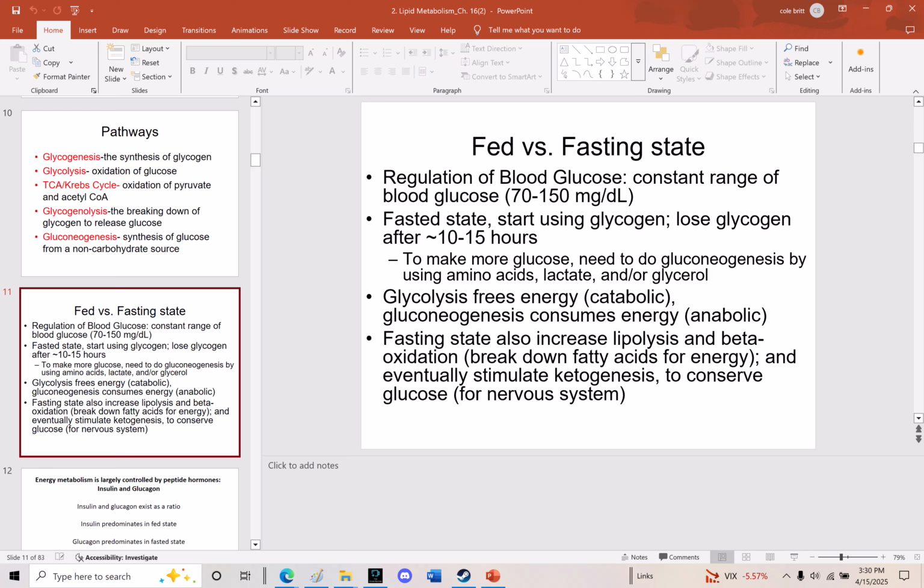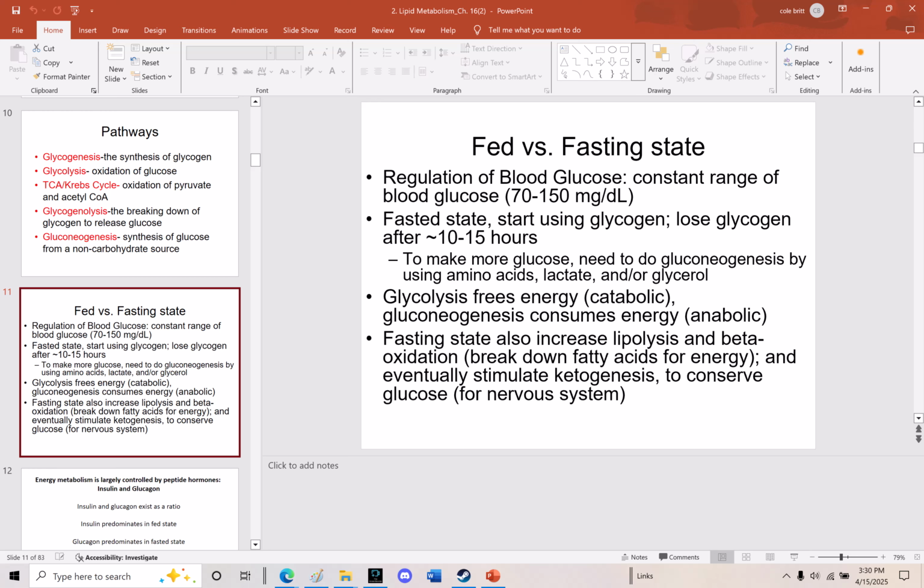So the same thing, just like with blood glucose, in the fasted state, you're starting to lose glucose. If you didn't eat breakfast this morning or lunch, you are very fasted right now. You're very much in the fasted state. Maybe. Depends on how much glucose it has. But technically, anytime you eat, you're no longer fasted.